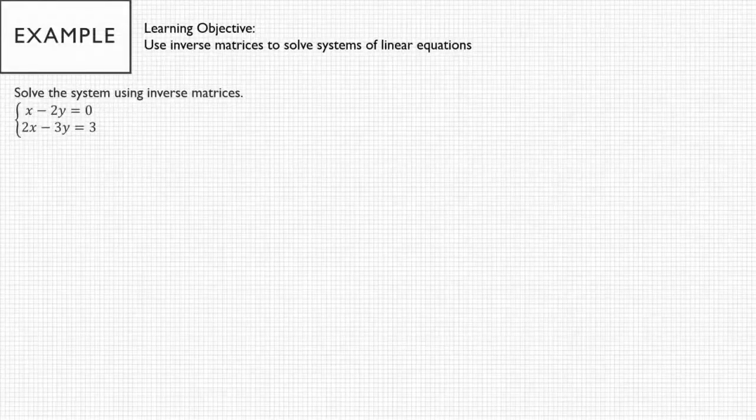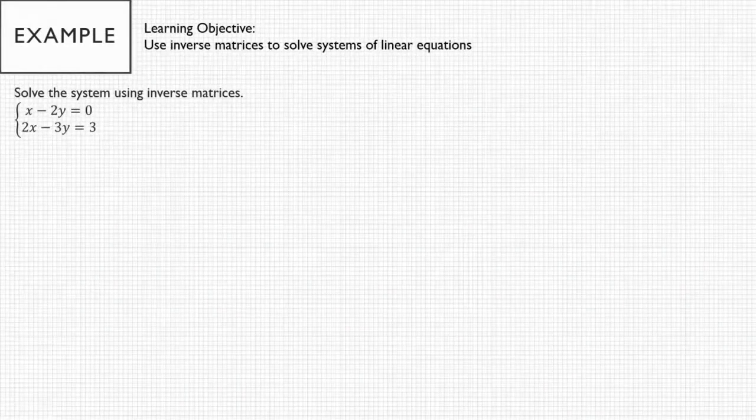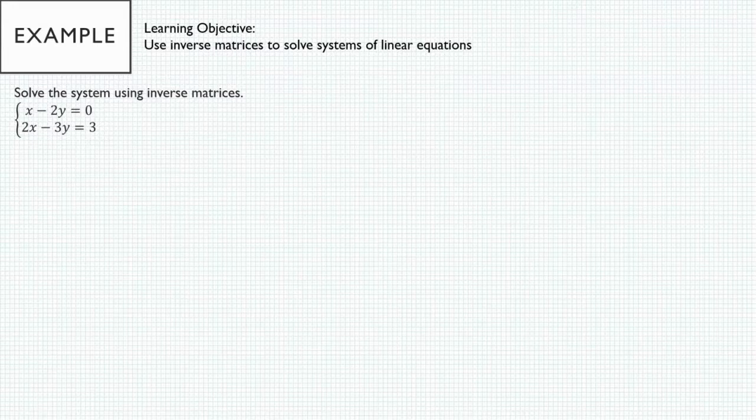So solve this system using inverse matrices. The first step is to turn the system of equations into a matrix set of equations. Our first matrix, A, is going to be the coefficients in front of x and y.